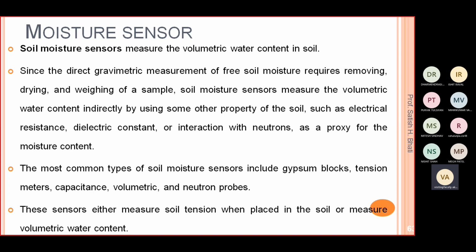Different sensors use different principles. They are not directly measuring the moisture, but they find its value through some other property of the material. The most common types of soil moisture sensors include gypsum blocks, meters, capacitance type moisture sensors, volumetric, and neutron probes.